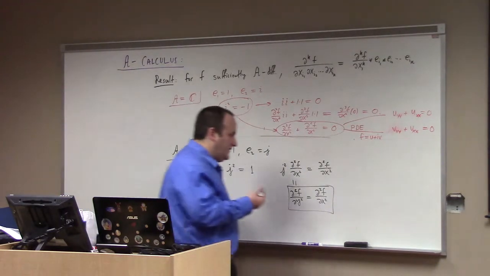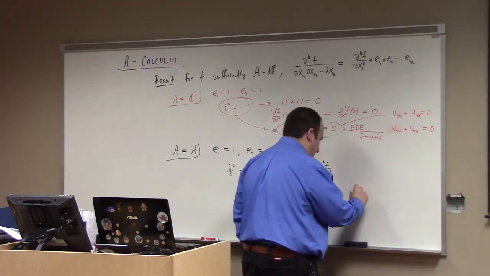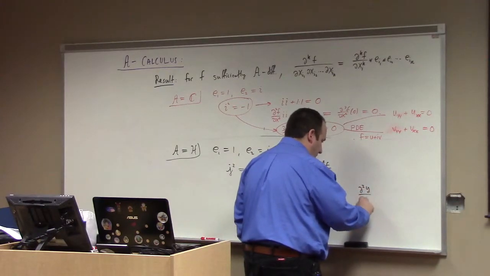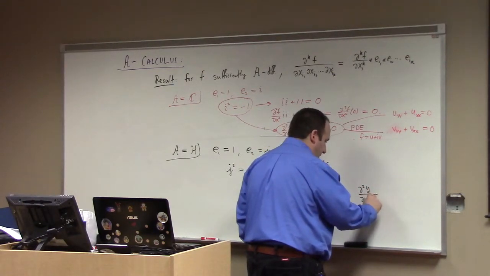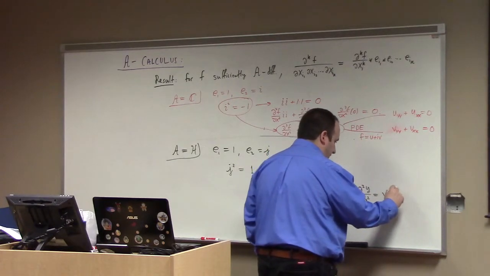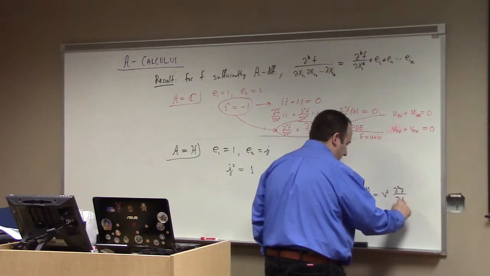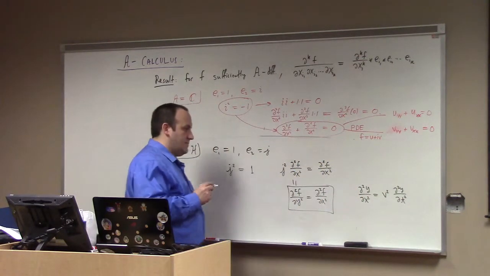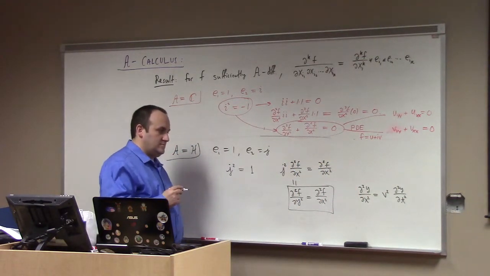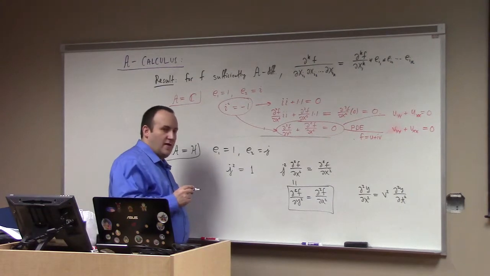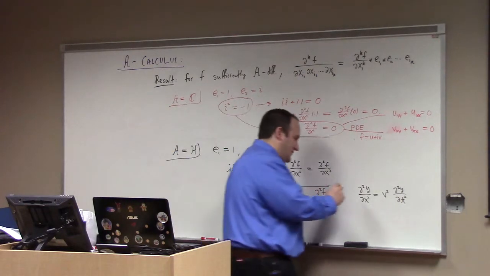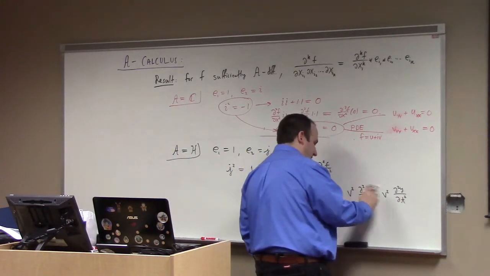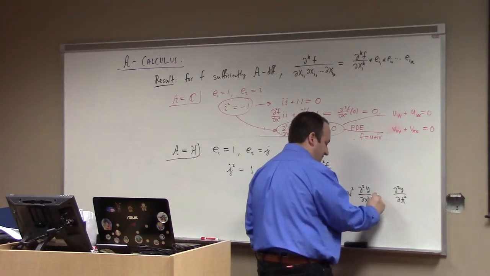Now, the wave equation we talk about in physics is what? Partial squared y partial x squared equals v squared partial squared y partial t squared. Is that right? I could be wrong. I think I need to put the v squared over here from dimensional analysis.